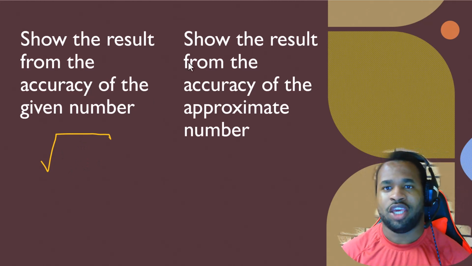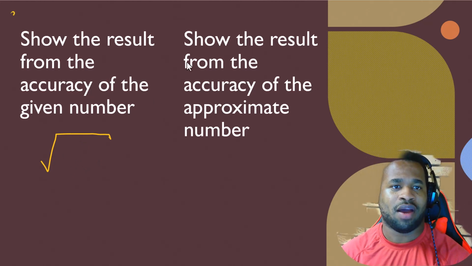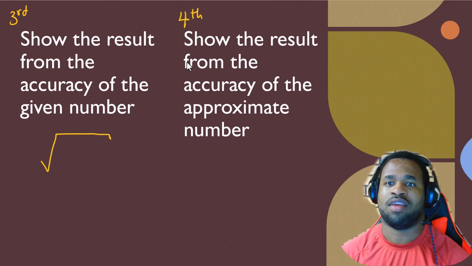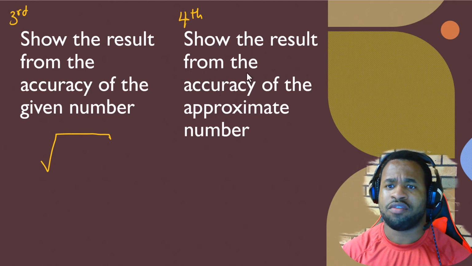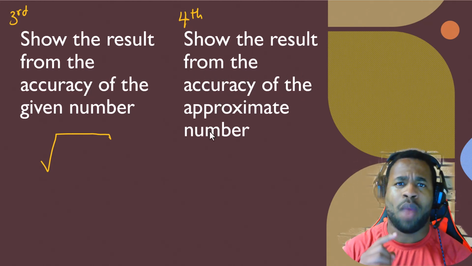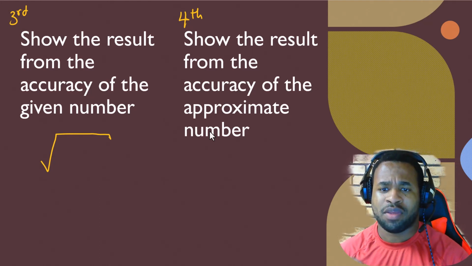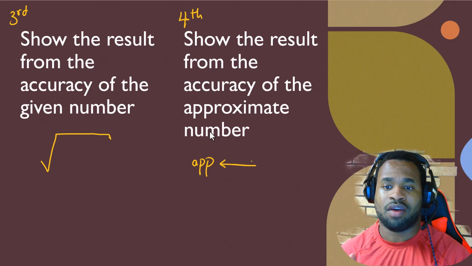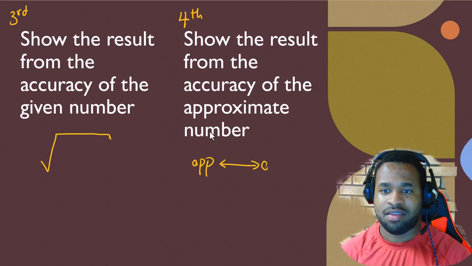And finally here, going from our third law to now the fourth rule, it says that you need to show the result from the accuracy of the approximate number only when you're having an approximate number applied to, or with, that of the exact number.